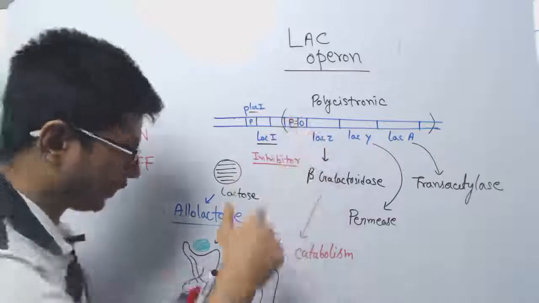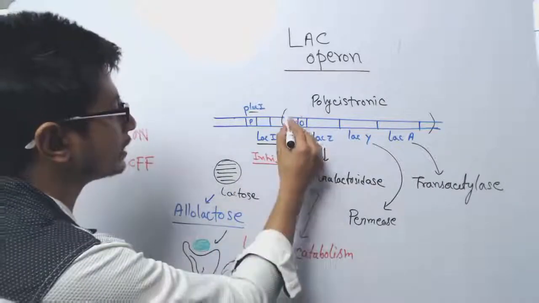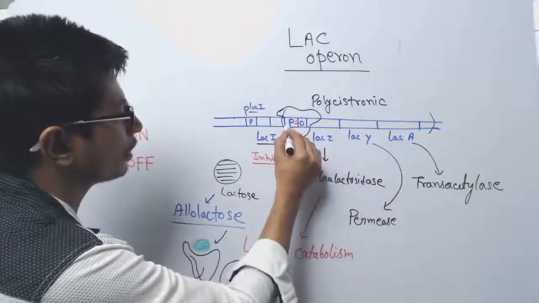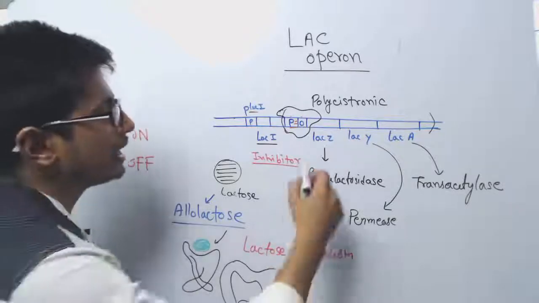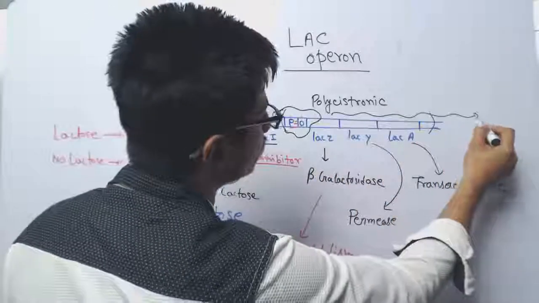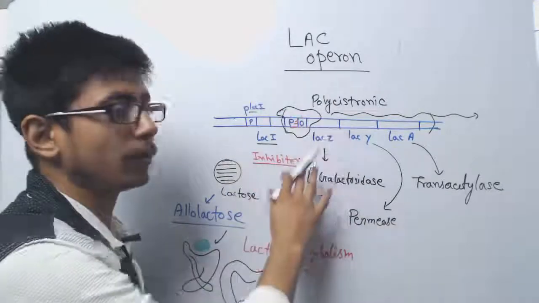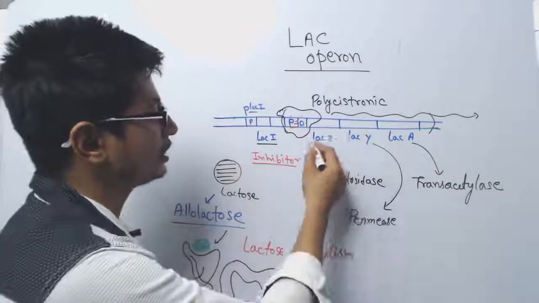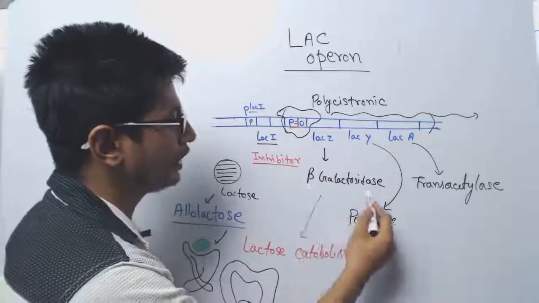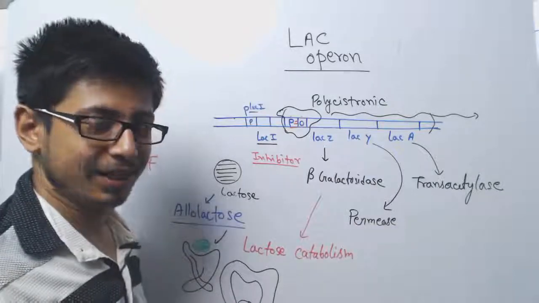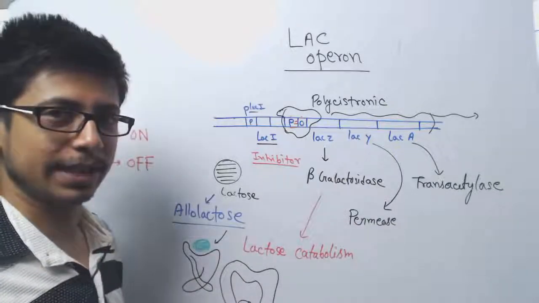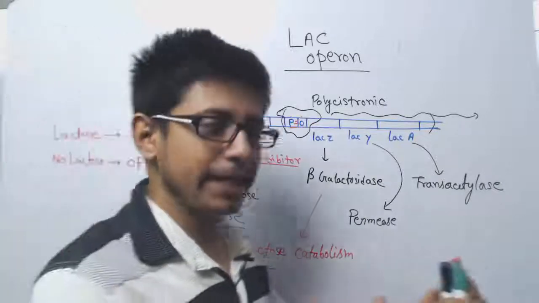So the promoter is now free. RNA polymerase now can bind to the promoter, and it can transcribe the structural genes. So the operon is turned on, structural genes are transcribed, proteins will be made. So now we can utilize the lactose inside the cell. This is the idea.